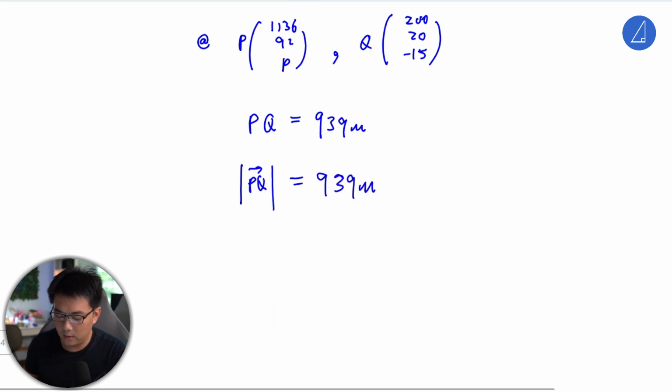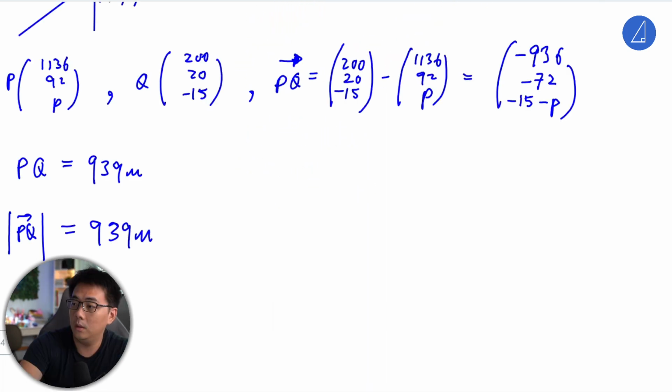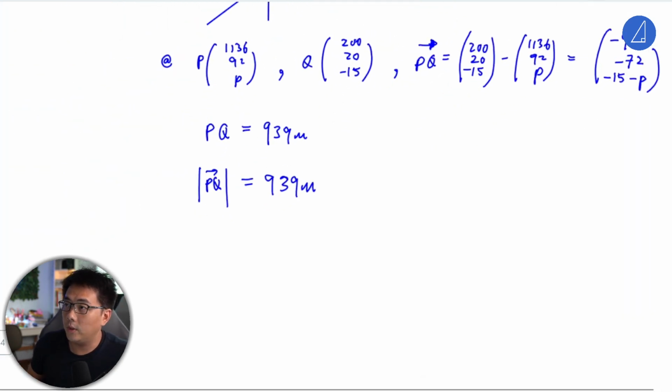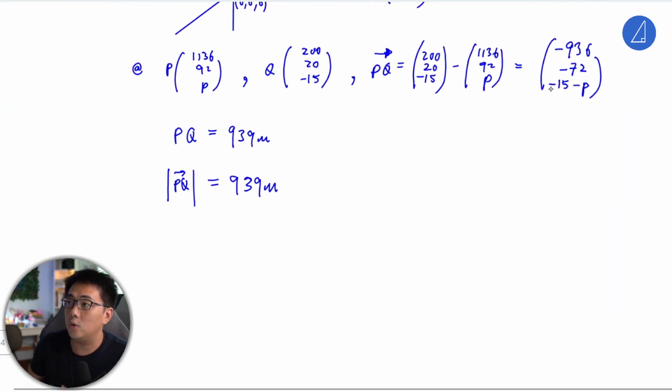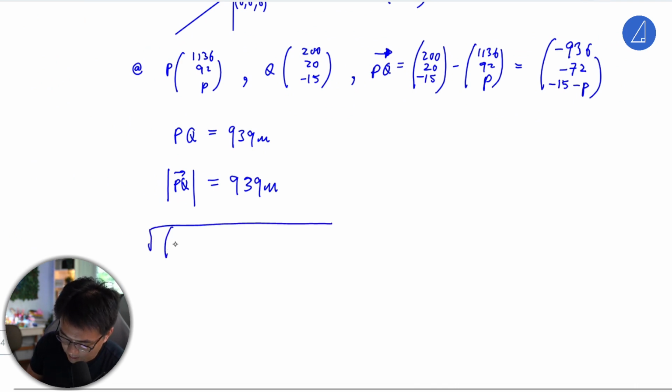Let's try to count it. PQ is this. Modulus means we square each component, add them up and take the square root: 936 squared, plus negative 72 squared, plus negative 15 minus P squared, equals 939.